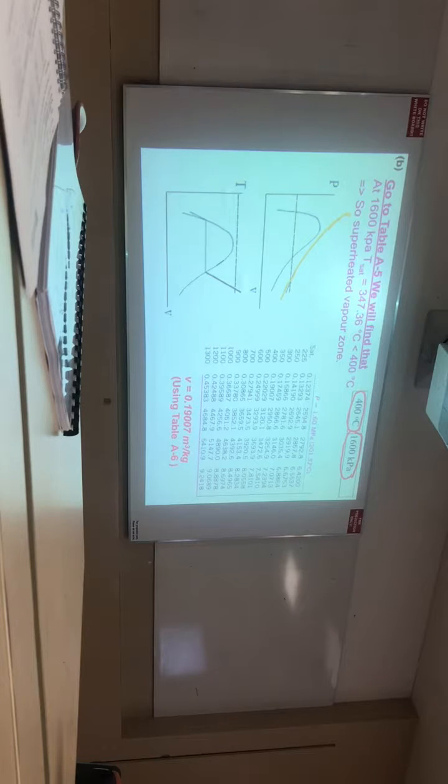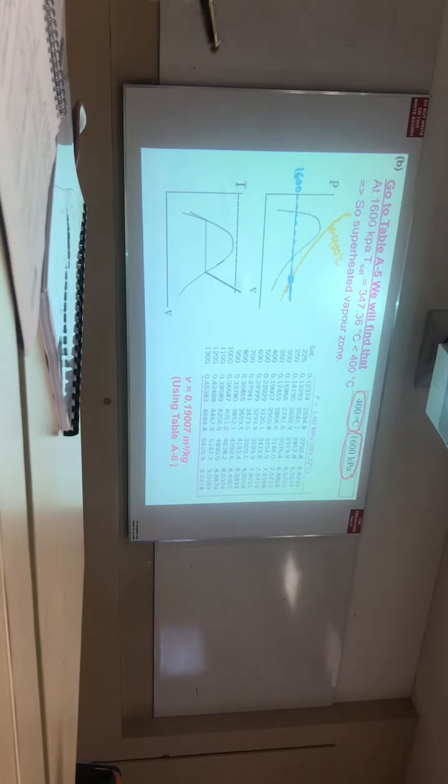This one 400 degrees Celsius. And pressure is given 1600. So this pressure is 1600. So this is the state point. So at that point you have to calculate VT.